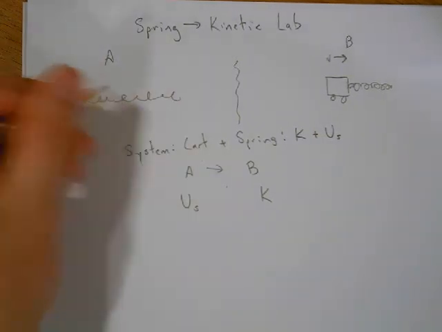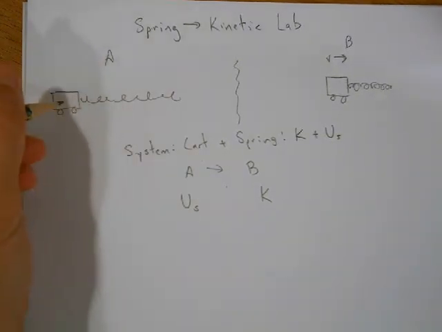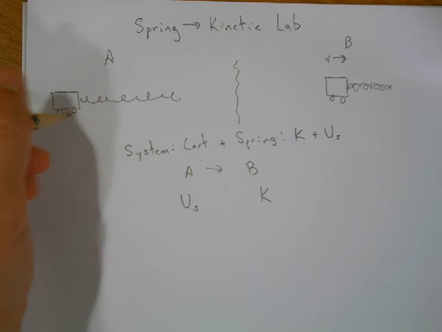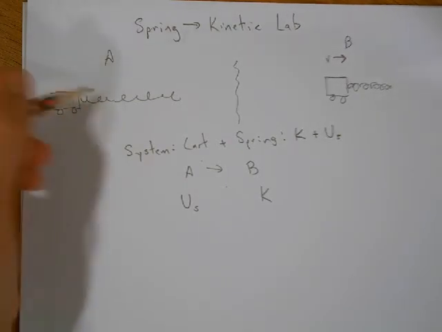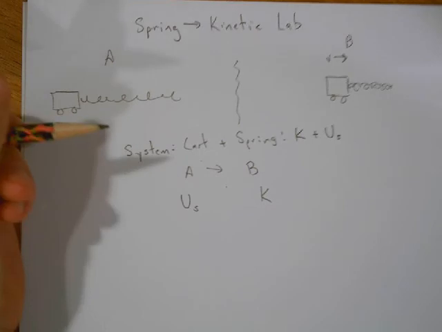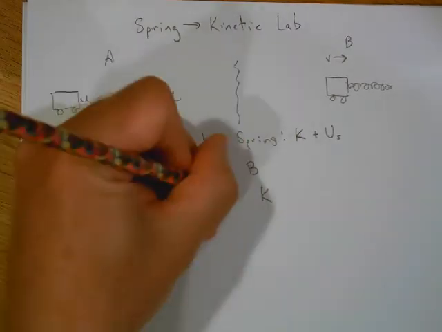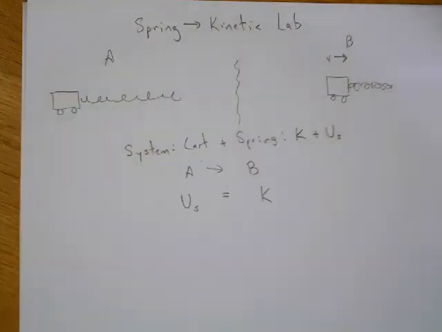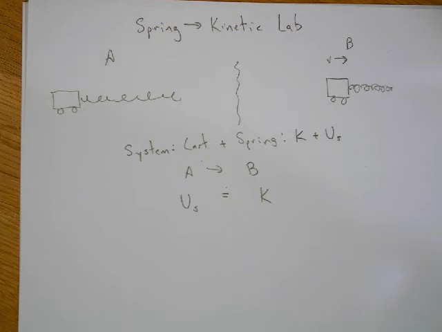If I was drawing my net force, I would have the spring, but that's part of my system. There's gravity, but that's not going to do work on my system. There's the normal force, but that's not going to do work on my system. So all of this U_s gets converted to this because there's no outside work on my system. That's the whole work-energy theorem thing.